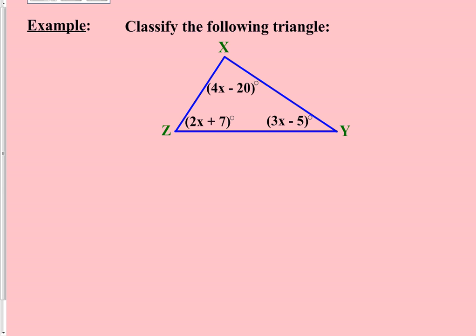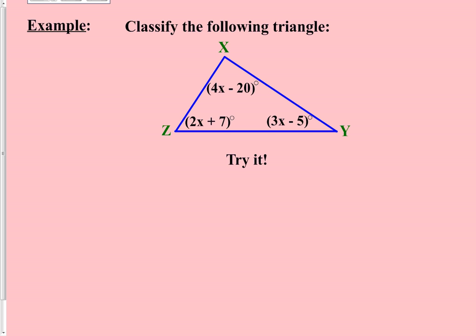We have a lot of unknown stuff going on in there, but it works very similar to the problem that was just worked out with you in the notes. We need to figure out what is going on with x so that we can understand these angle measurements. Based upon the result of the angle measurements, we'll be able to figure out what's going on with the sides, and then knowing the angles and the sides, we will be able to classify the triangle.